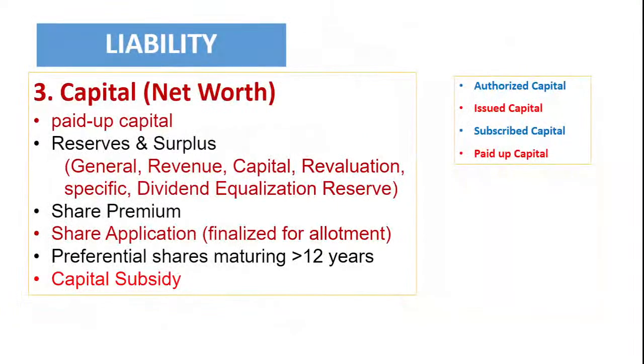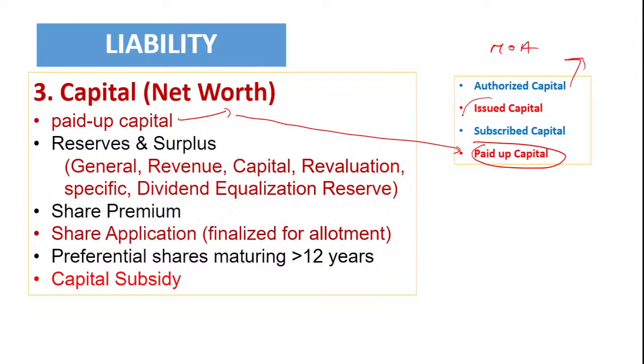Now coming back to paid up capital, I hope you have understood. Paid up capital is nothing but the equal amount that the company has got from the subscriber, from the shareholder. Authorized capital is just written in the memorandum of association. Issued capital is when the company is issuing the IPO, how much actual amount the company has planned to issue.